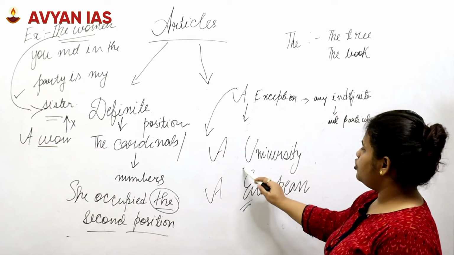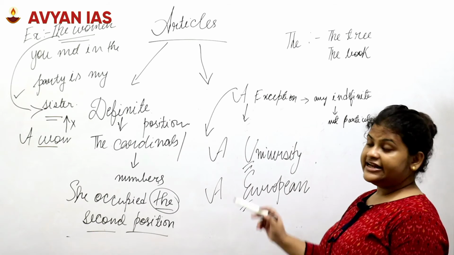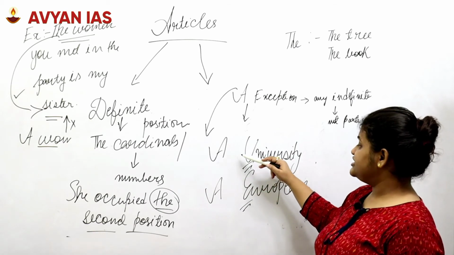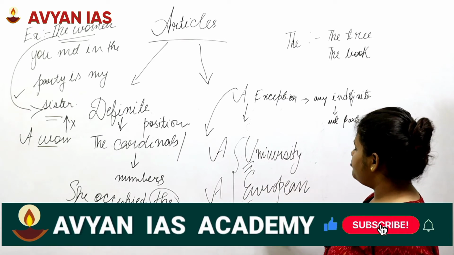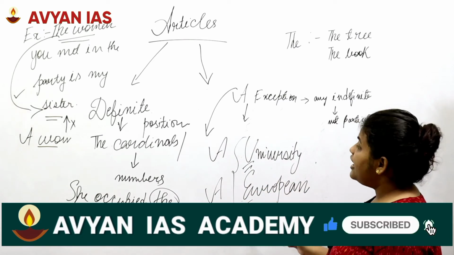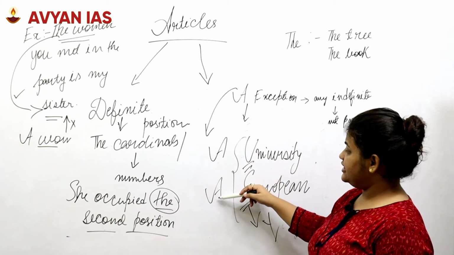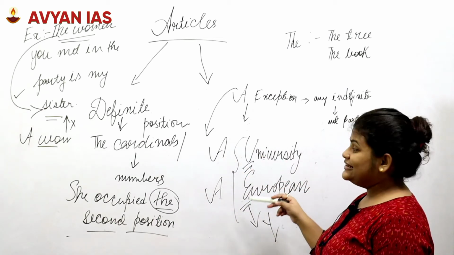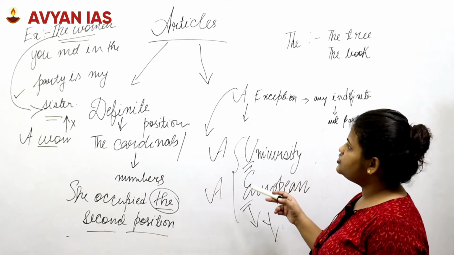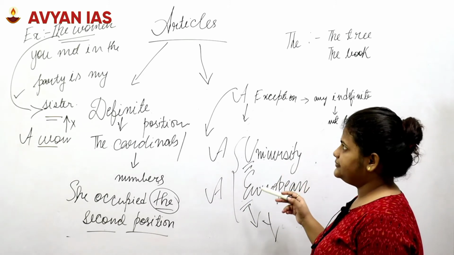Because when we say European and university, none of it is pronounced as U or E. Rather, both of them are pronounced as Y. Hence, we are using the a before university and European. These are the other sides of exceptions while using the articles.